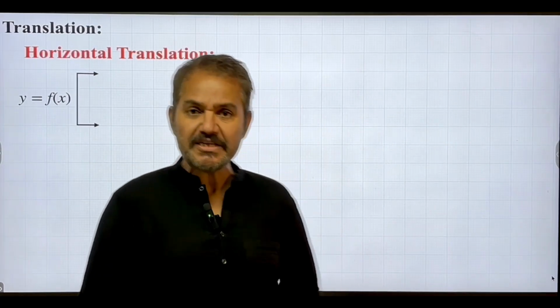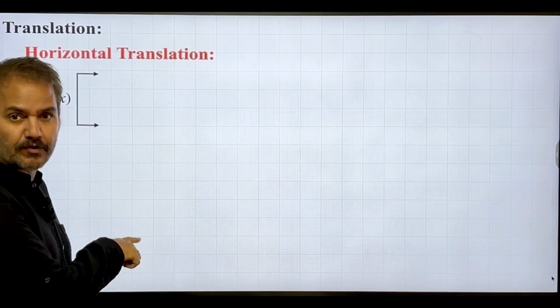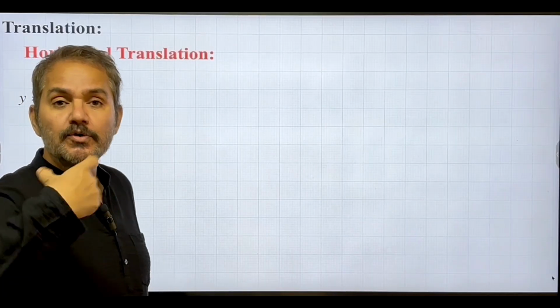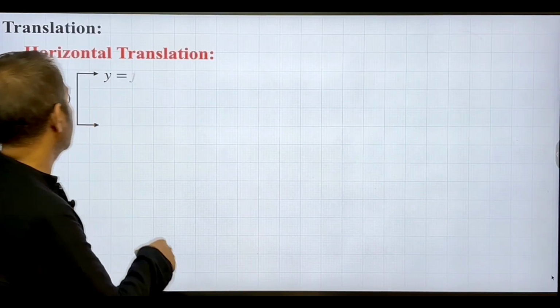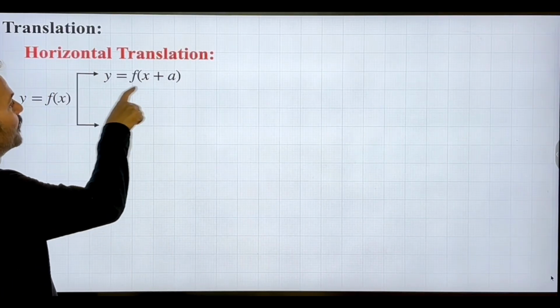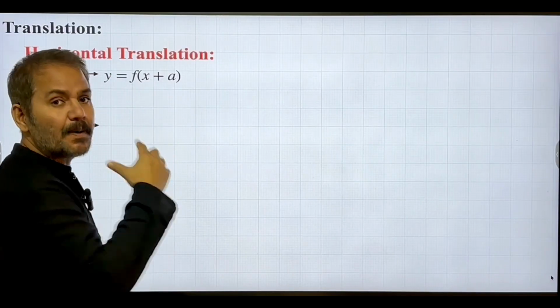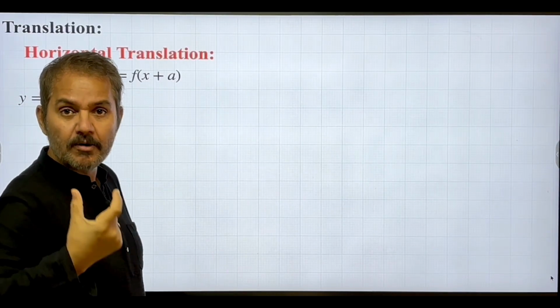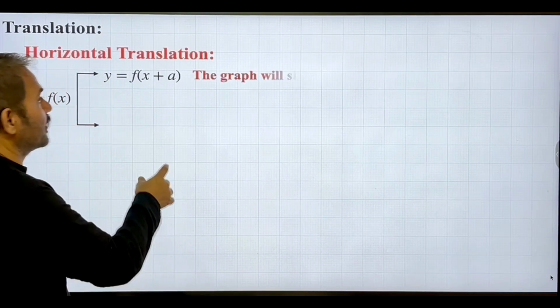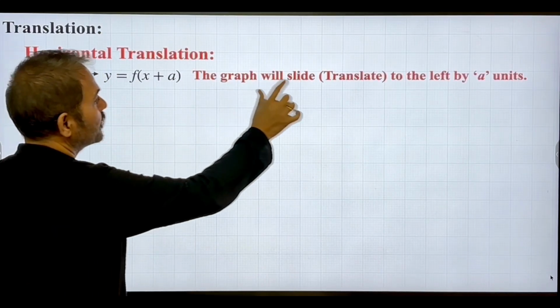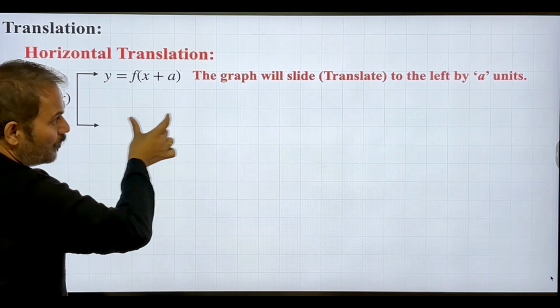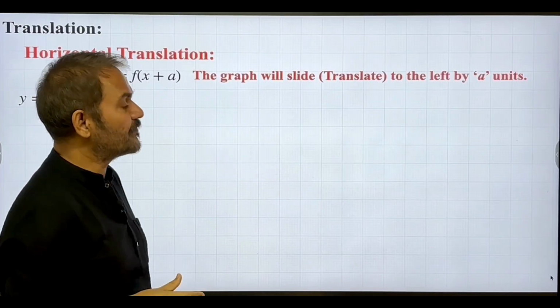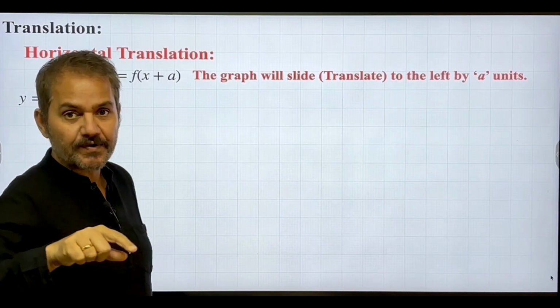If you make any change to the equation of this function, then you will observe some transformation. When the function f(x) becomes f(x + a), where we are assuming a is a positive real number, your graph will slide or translate to the left by a units.